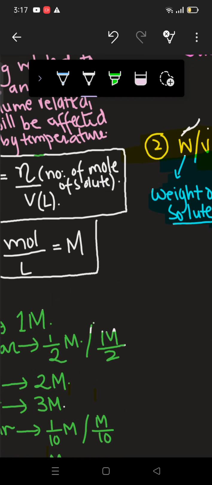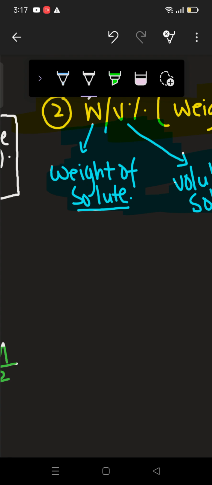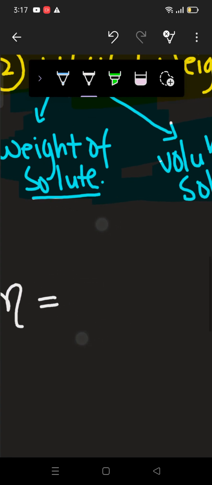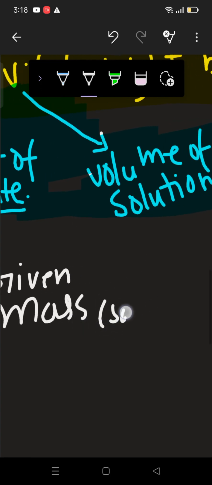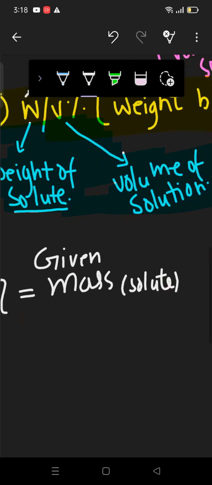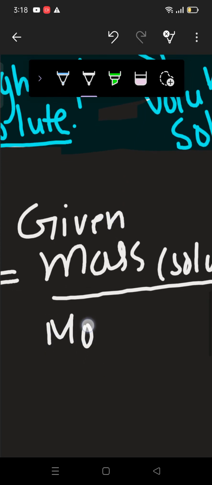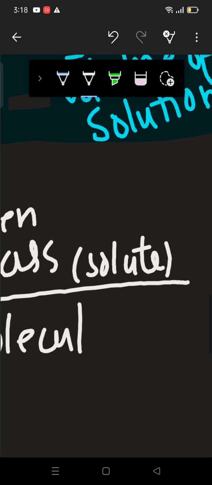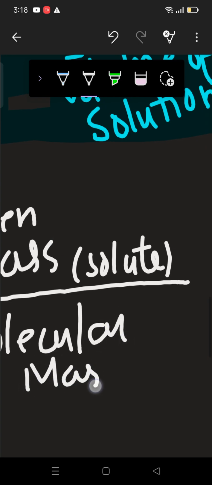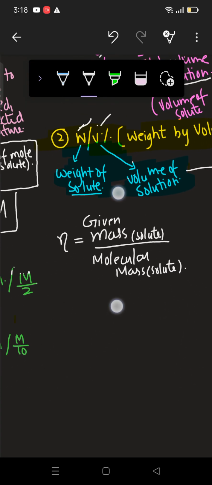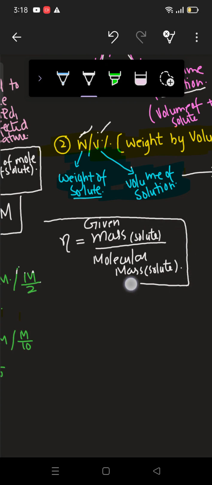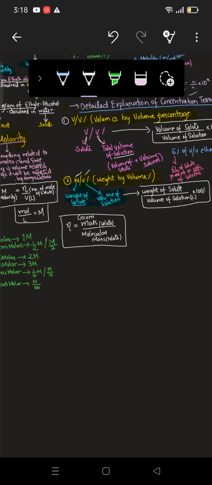See, if they have given us the mass of the solute, then number of moles would be equal to given mass of solute per unit molecular mass of the solute. This is what we learned in the first chapter, right? When we were discussing stoichiometry. Number of moles is equal to given mass per molar mass.